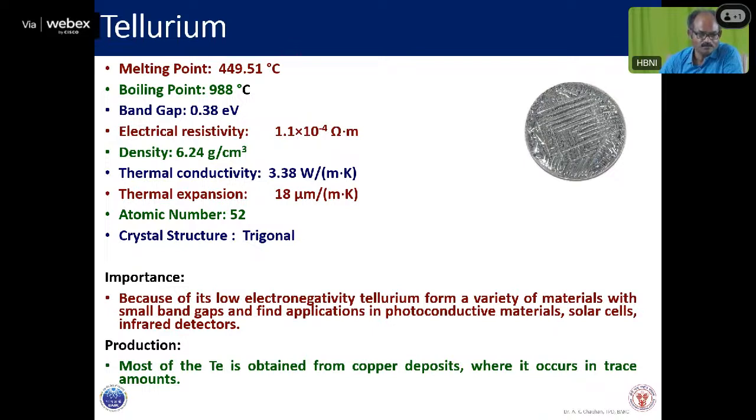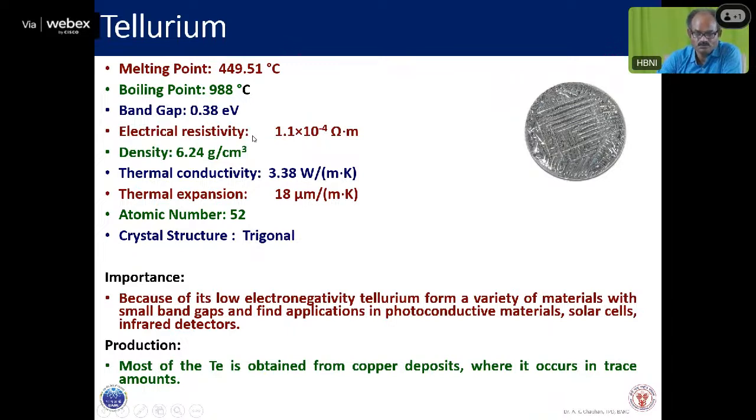Now this is tellurium, and this is a picture of it. The melting point is nearly 450 degrees centigrade. The boiling point is 988. The band gap is very low, 0.38 electron volt.